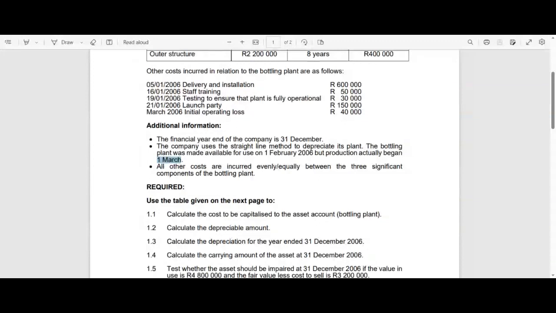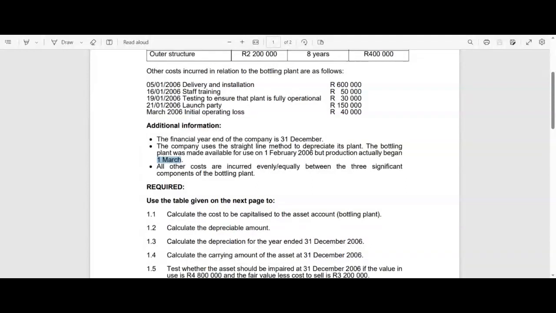But in the case of the straight line method, as well as the diminishing balance method, whether you carry on with production or pause it for a month or 2 months, the depreciation process just keeps on going. There's no pause in the depreciation process because those two methods use a time based approach.